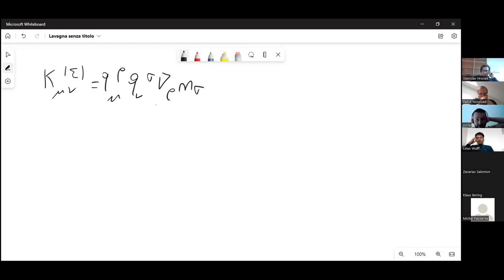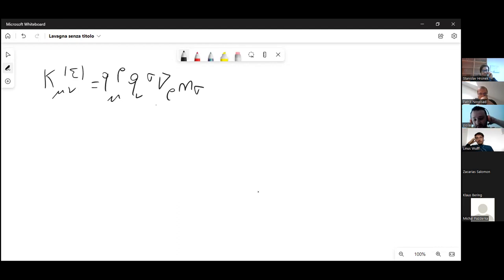You remember that this Q is the metric on sigma here, and this nabla here is the Levi-Civita connection, G compatible and torsion free. So this nabla here is with G, not with Q.